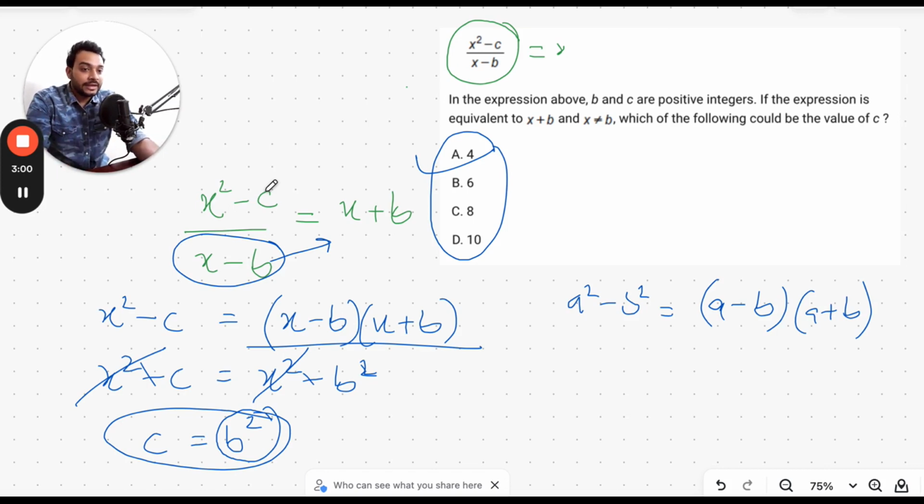If they had not intended you to do this mentally, they would rather keep a few more options as perfect squares, and you would require to do a few more steps. We'll have some more information, maybe b as a number, so that the exact value of c can be found out. But this question here was intended to be done this way. You need to identify that c must be a perfect square and eliminate the other options based on that.